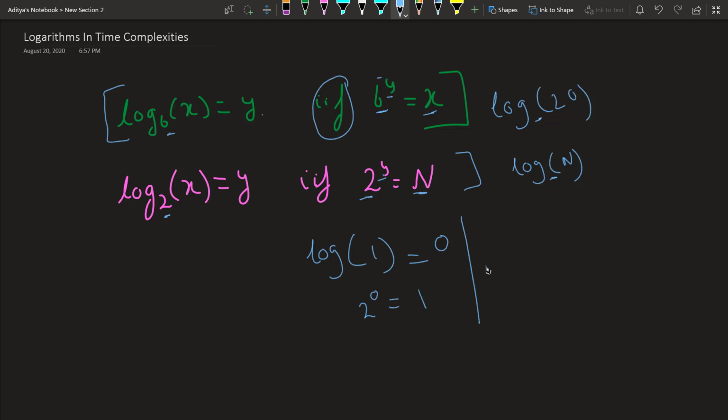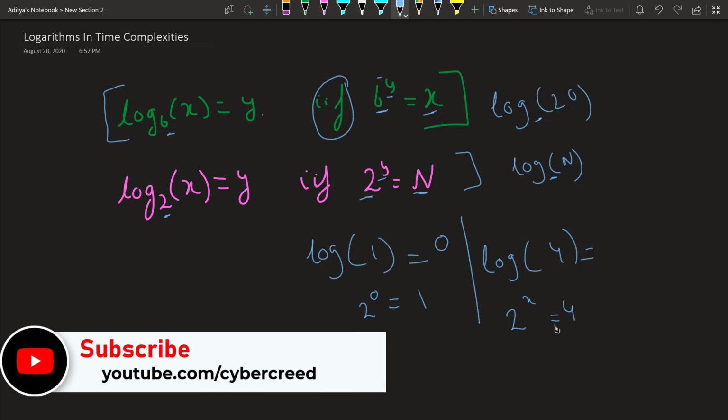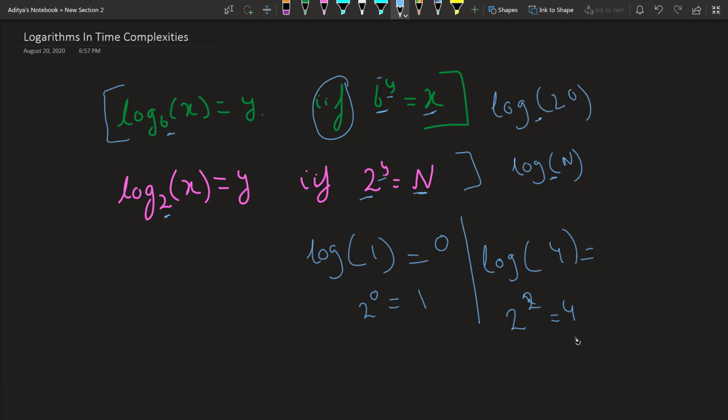If you are asked to find the log of, let's say 4, how are you going to find this? You ask the same question: by which power of 2 do we raise it to get 4? If we raise 2 to the power of 2, we get 4.